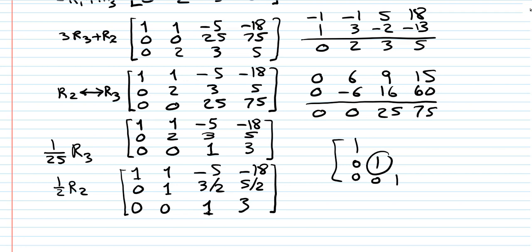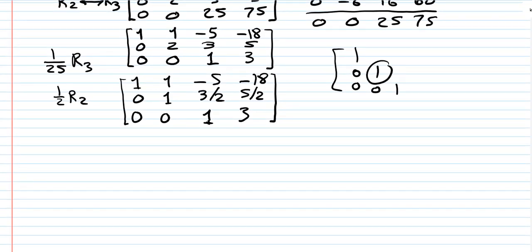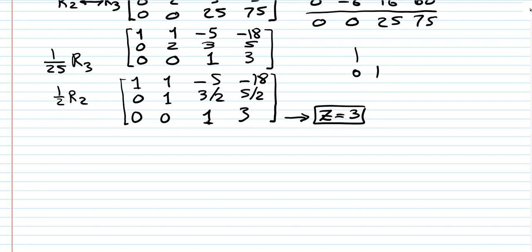Now, with this, I should be able to solve this system, correct? The third equation, the third row, reads z is equal to 3. Now we can back substitute in the second one. The second one says y plus 3/2 z is equal to 5/2.